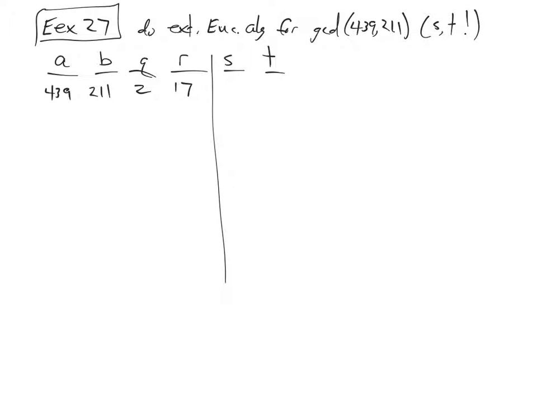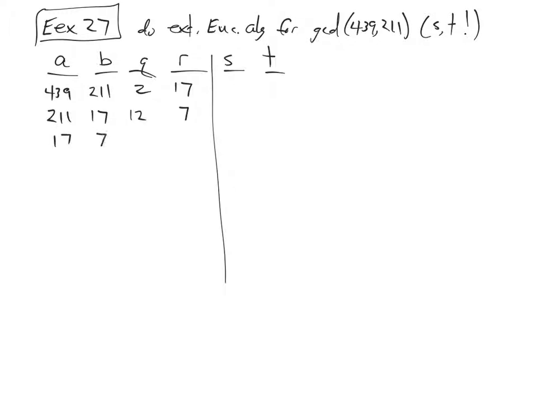Okay, and now I recurse. The GCD of that is the GCD of this. So 211 divided by 17 is 12 something. So subtract the 12 to get 0.411, multiply that back by 17. I get 7, and I promote to 17.